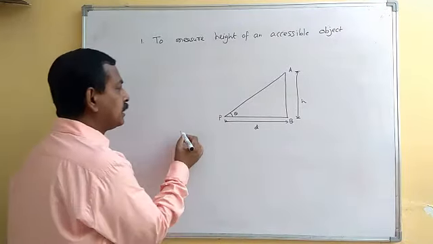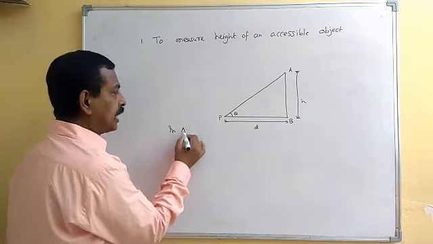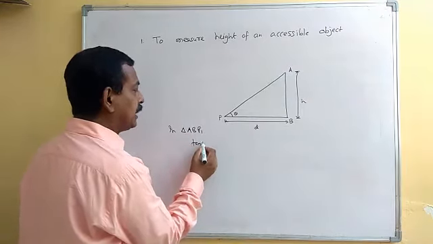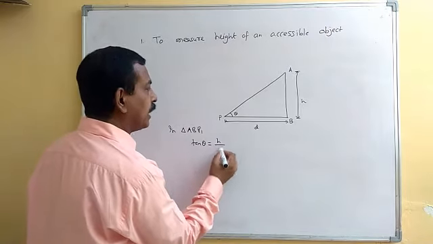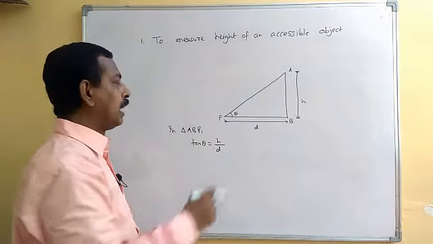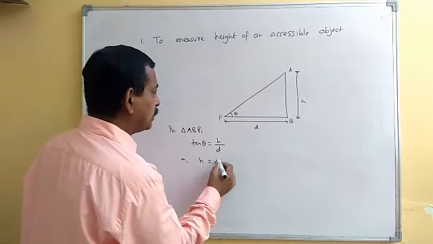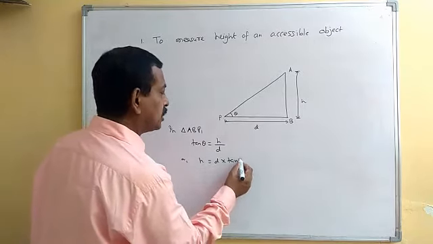So obviously, in triangle ABP, we can take tan theta equals H by D, or H we can write as D into tan theta.